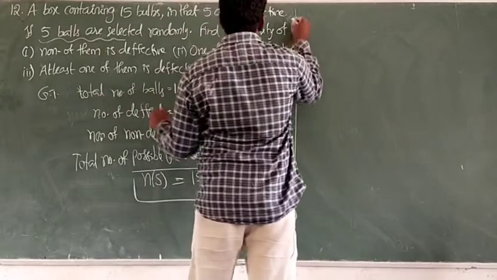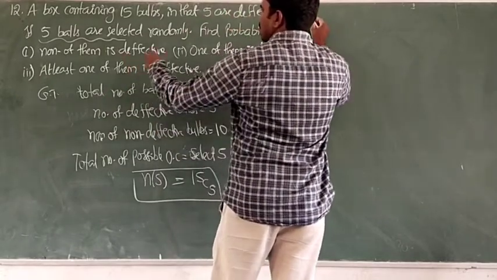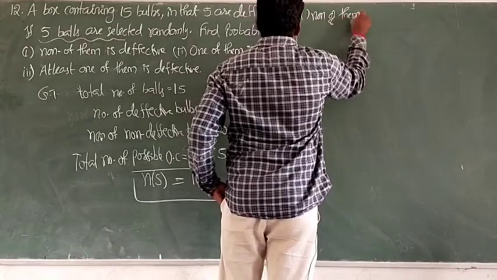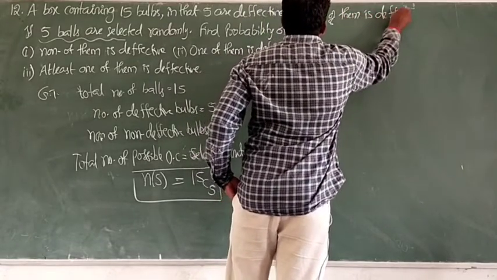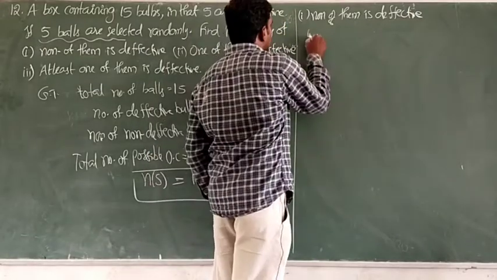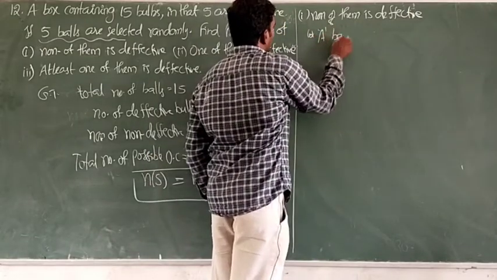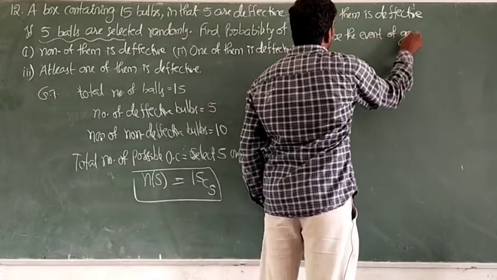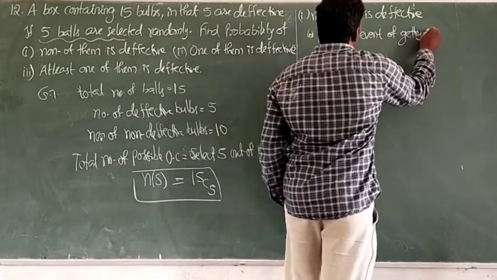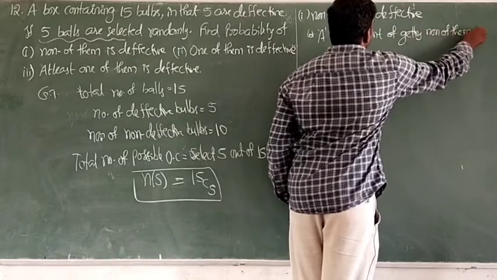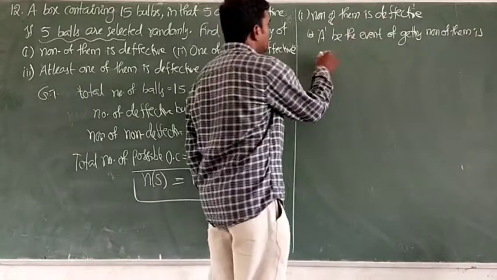So first question, none of them is defective. So first I am writing, let capital A be the event of getting none of them is defective.